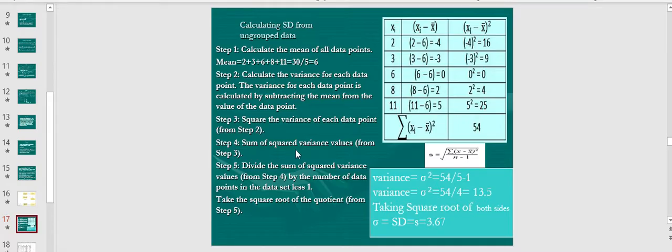We sum up the squared deviation values from step 3. Then in the next step, divide the sum of the squared deviation values from the previous step by the number of data points in the data set.